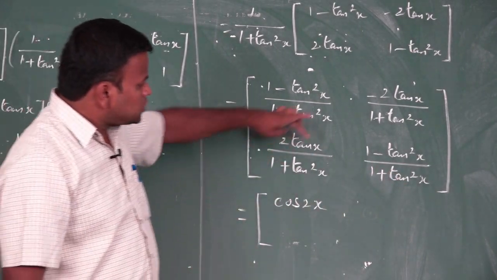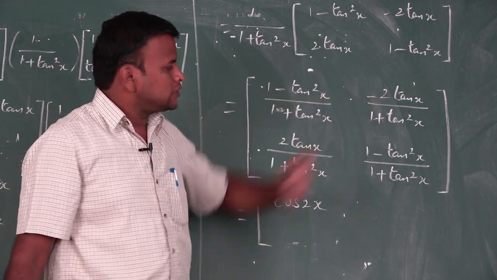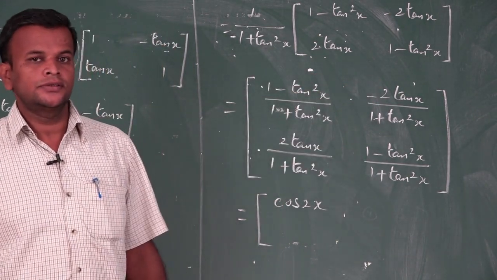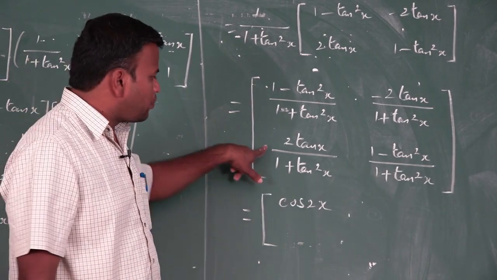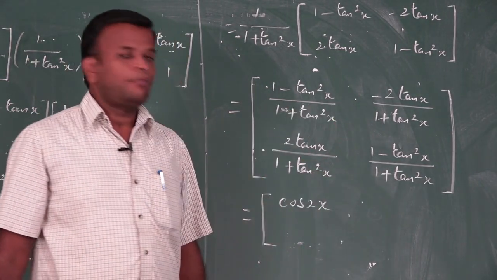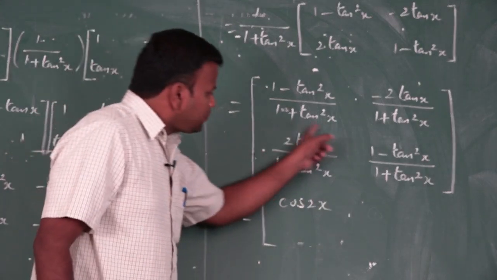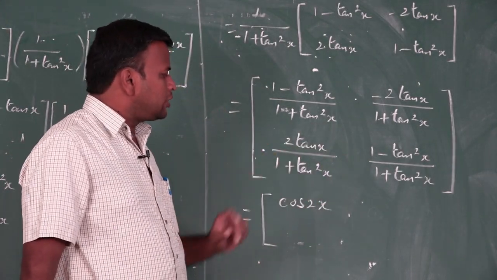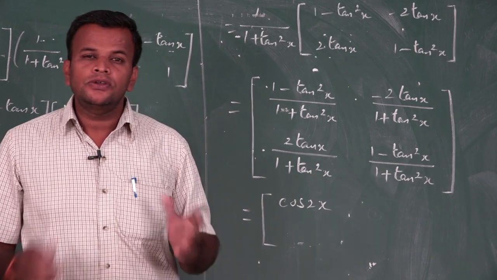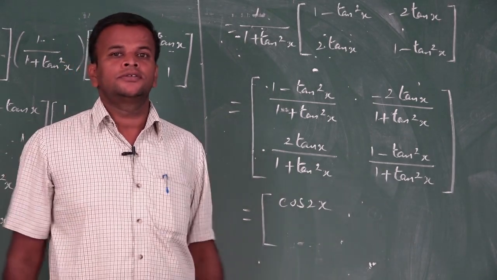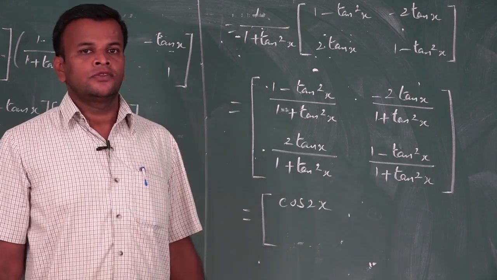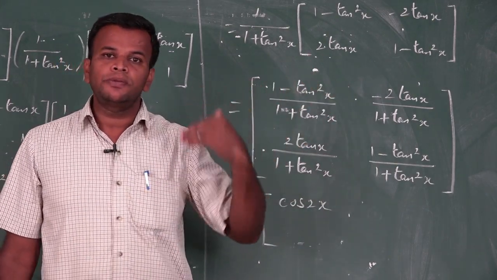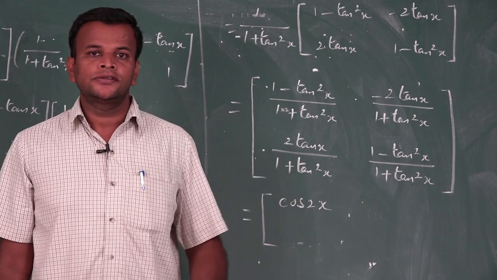Okay. You see these two elements, only one difference is there. You identify the difference? The difference is just a sign, whether it is a positive sign or a minus sign. The formula of 2 tan x divided by 1 plus tan square x also involves one formula. The formula is sin 2x. So 1 minus tan square x divided by 1 plus tan square x is cos 2x.